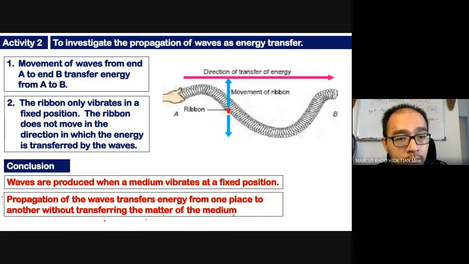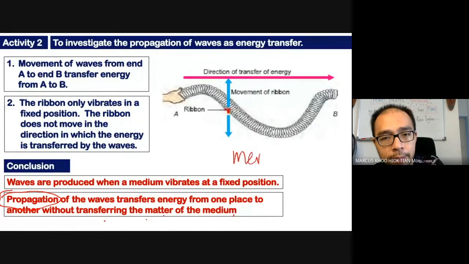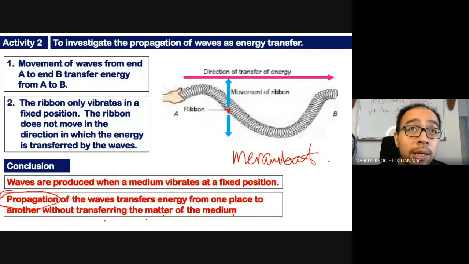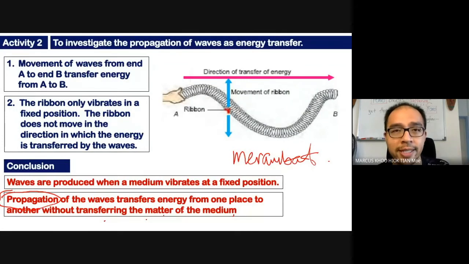Now the word propagate, in Bahasa Melayu is merambat, and it is a word that is very specific to waves. We don't say the waves move. That's a very casual way of saying it. We say waves propagate.